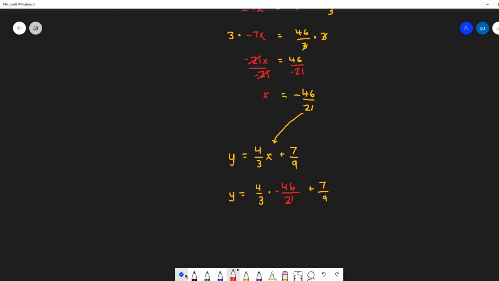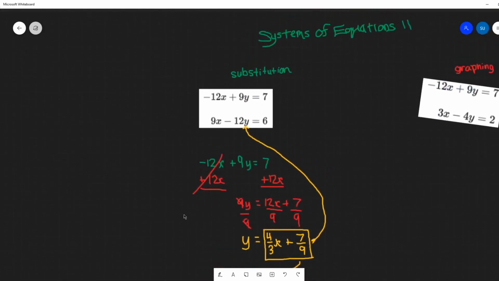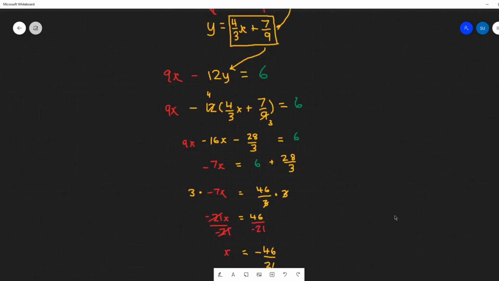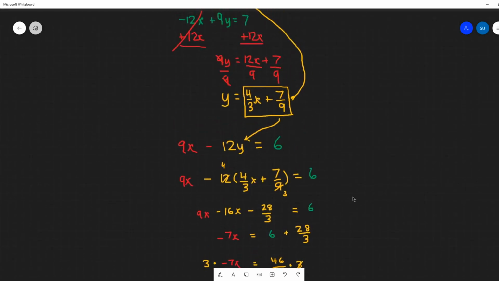So, actually, let me look back to here to see if we can simplify. Yeah, we could have simplified the second equation down by dividing everything by 3. I forgot to do that, actually. If we divided everything by 3, it would have saved us a step.